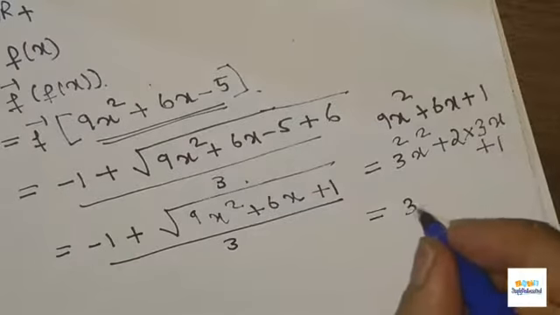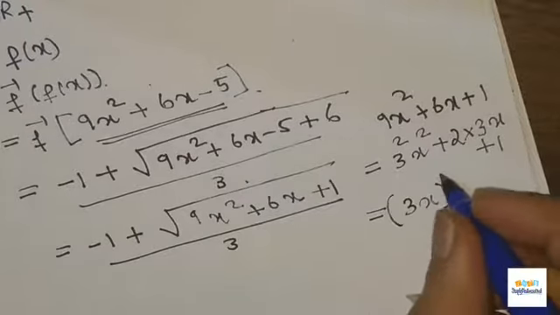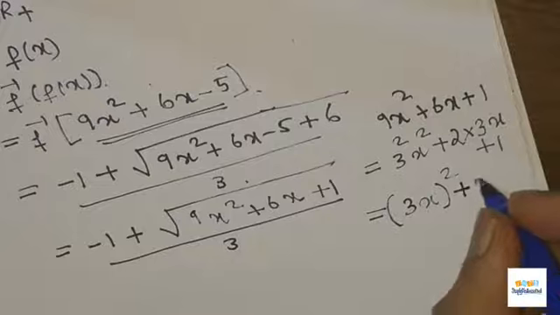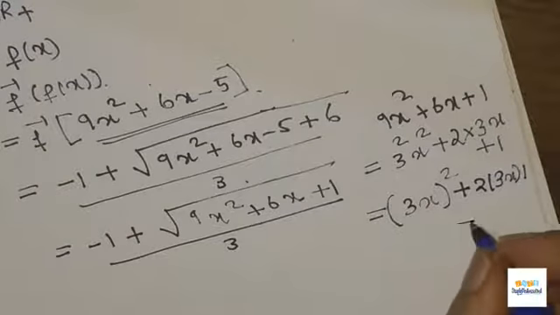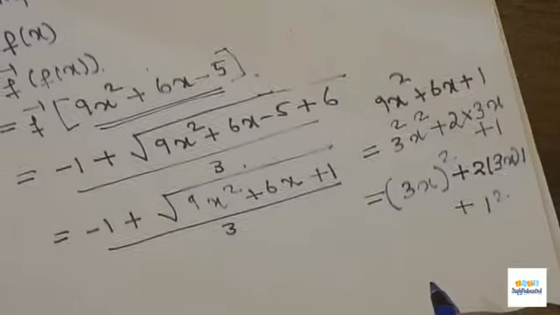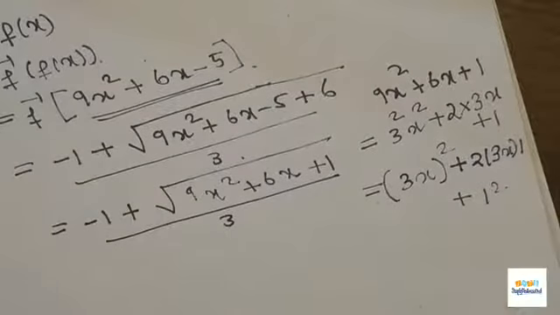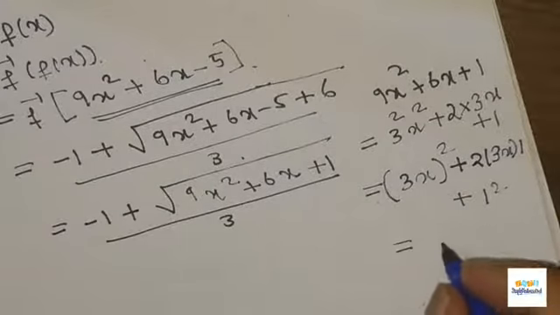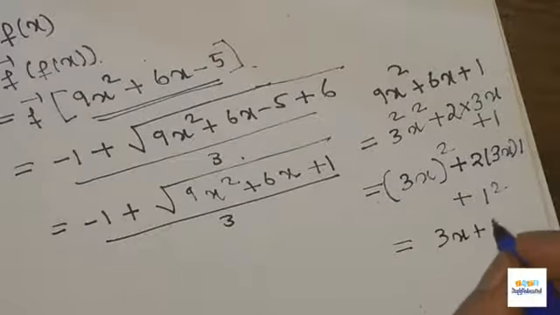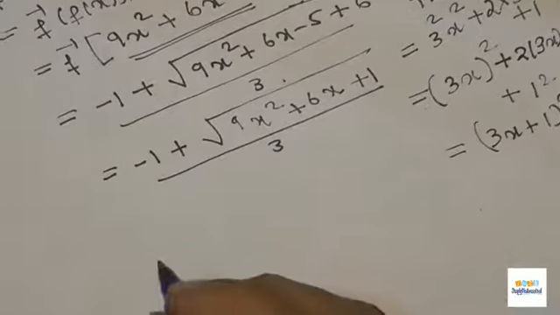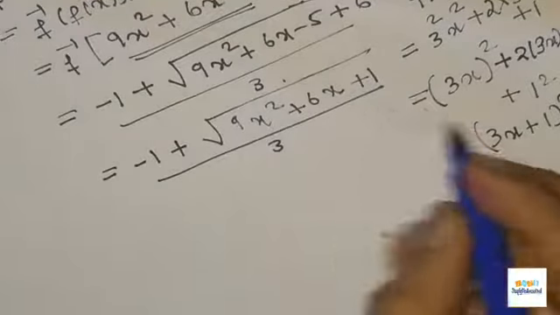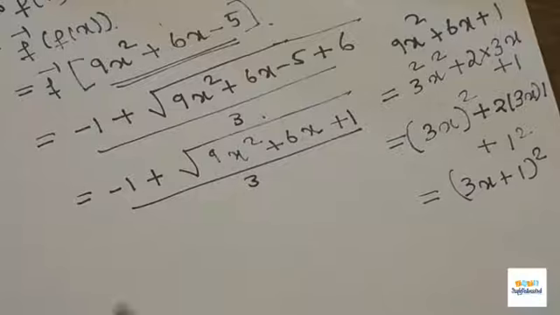So what we will get is 3x the whole square, plus 2 times 3x times 1, plus 1 square, because 1 is equal to 1 square. So now what we will get is 3x plus 1 the whole square here.